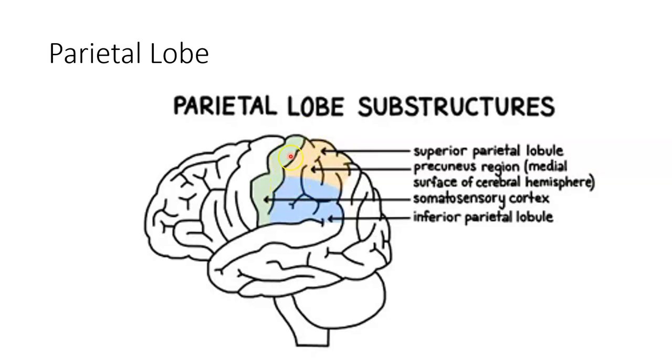You may see patients who have primary somatosensory cortex impairment or secondary somatosensory cortex impairment, but you also have the inferior parietal lobule right here, the precuneus region, and the superior parietal lobule.